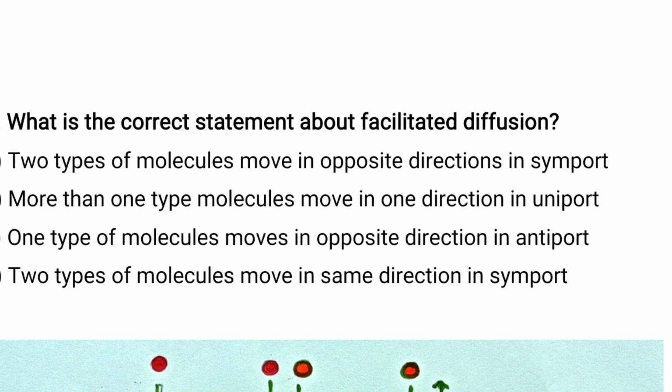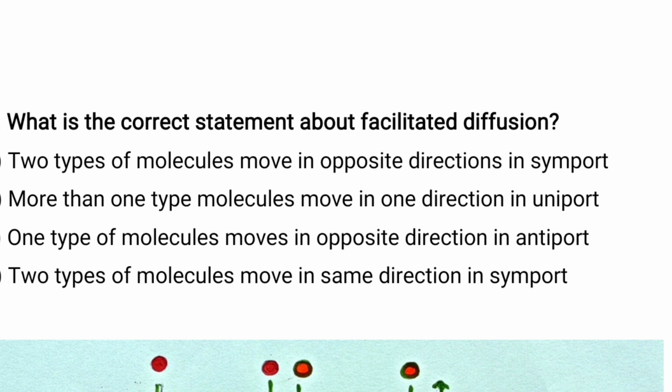They give the passage for the entry of hydrophilic molecules. Some molecules do not cross the plasma membrane by themselves, but pass through it with the help of channel proteins. This is called facilitated diffusion. I have explained this clearly in the previous video, so please go through that video.